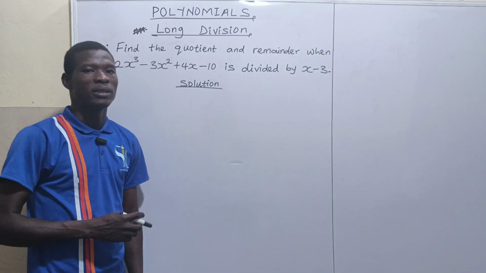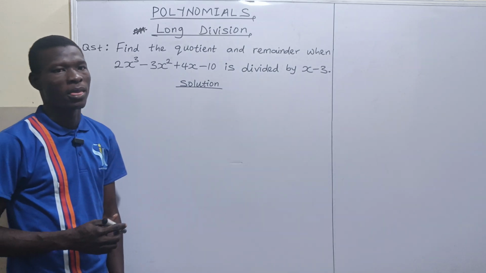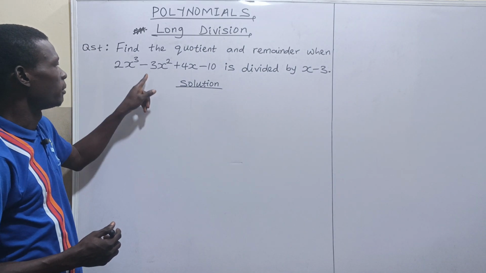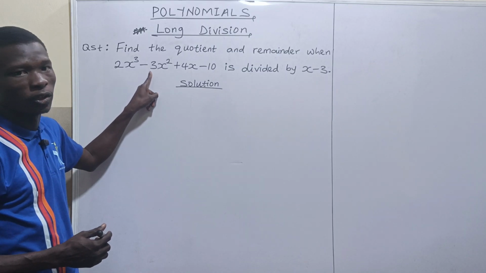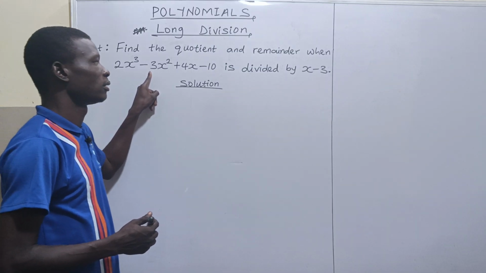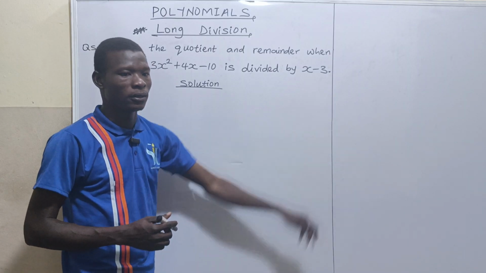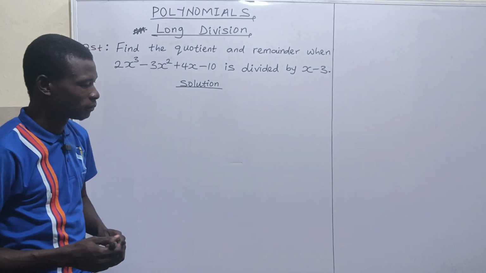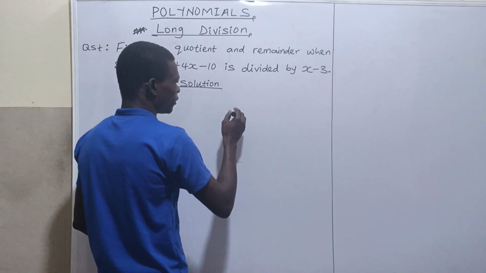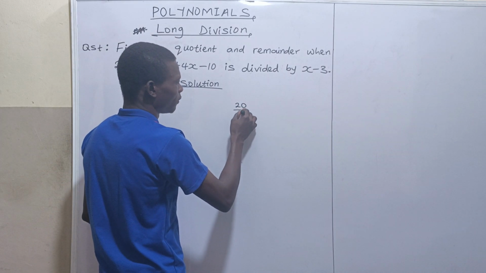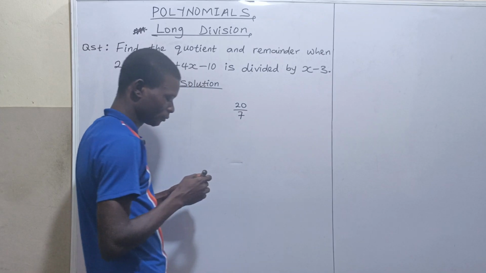A quick one before we dive into the solution proper. Let's look at the relationship that exists between this polynomial of a higher degree and this polynomial of the lower degree. Let's say we are given 20 divided by 7.